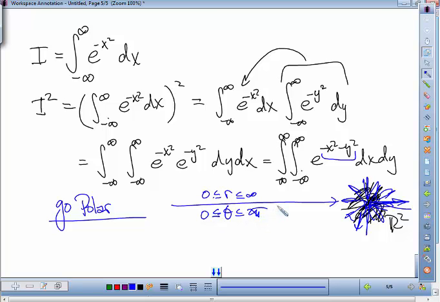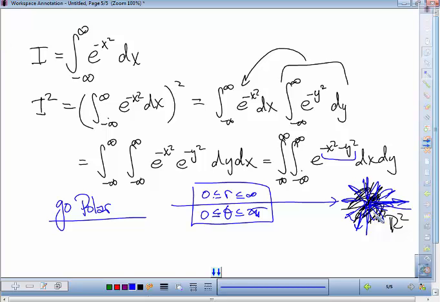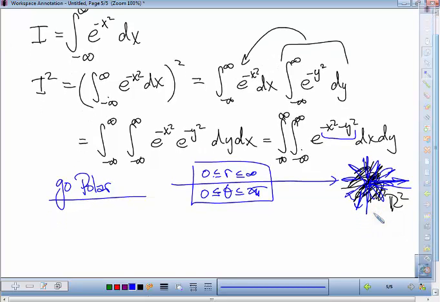And we only have to go to 2 pi. So this will capture all of the xy plane. Okay? How's that going to look?